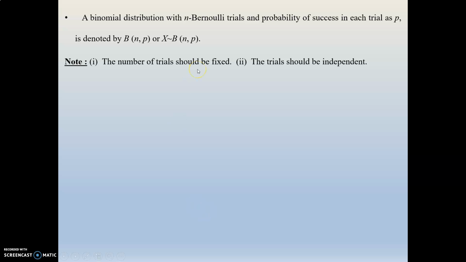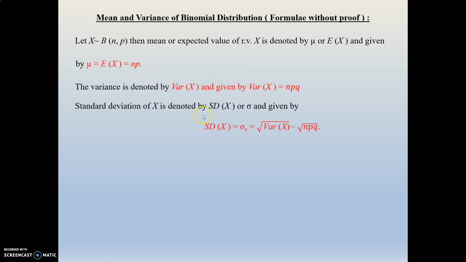A binomial distribution with n Bernoulli trials and probability of success in each trial as p is denoted by B(n, p), or X follows binomial distribution with parameters n and p. The number of trials should be fixed in this case. The trials should be independent. Then only we can apply Bernoulli trials.